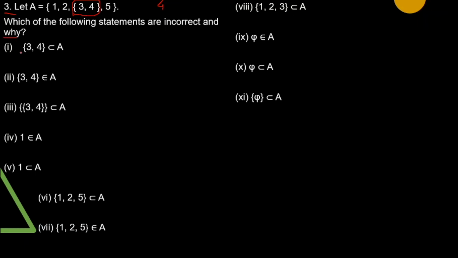As we checked, we know this is a single element. It's an element, not a subset. So this is incorrect. The correct way is to say {3, 4} belongs to A, but not subset.